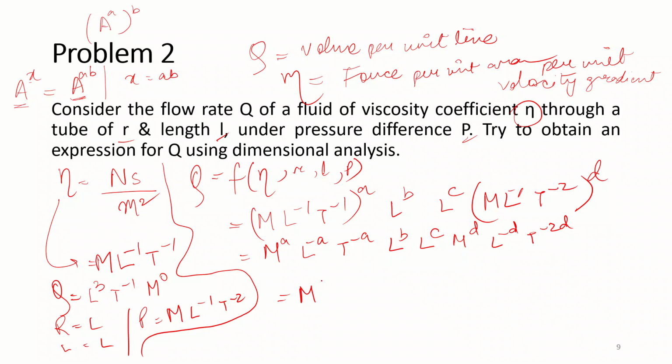M will be a plus d. When the bases are the same, we can add the powers. So L is minus a plus b plus c minus d, and T is minus a minus 2d.